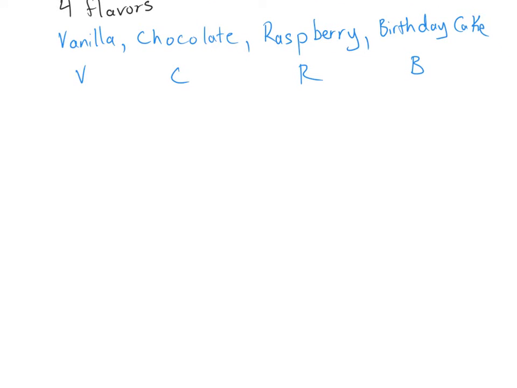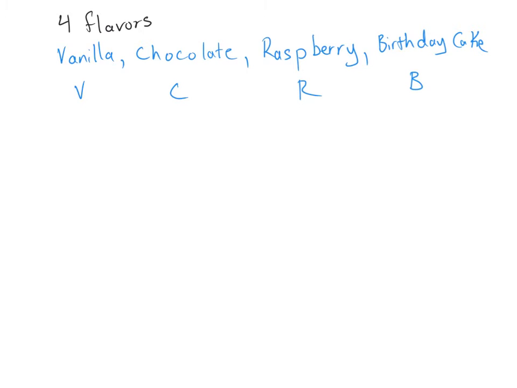Let's say of those raspberry, vanilla, chocolate, birthday cake, we had the following numbers out of the 200. Let's say chocolate is the main favorite. Out of the 200 customers, 100 got chocolate. Vanilla, we had about 74.